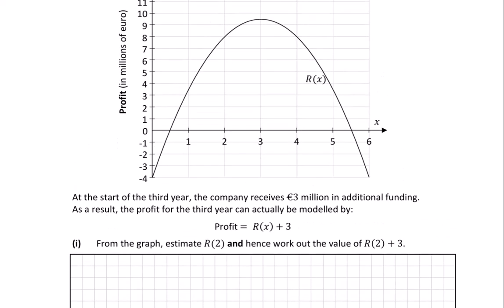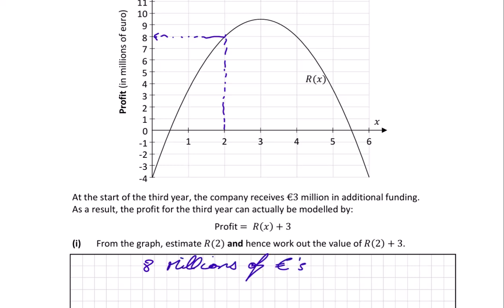So R of 2 is just going to be, again, you'd use a ruler, and you would just come up along here from 2, and then across here. It looks like 8, so it's just going to be 8, and this is the profit, so it's in millions of euros.